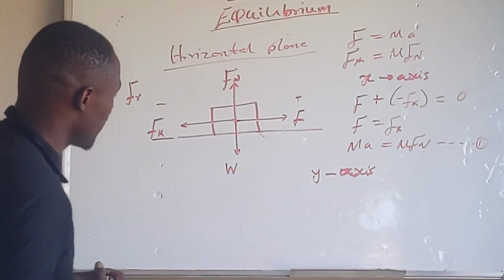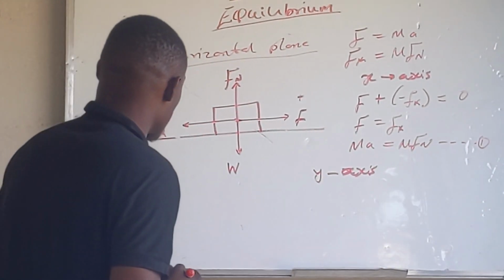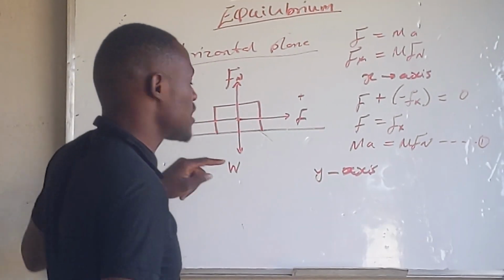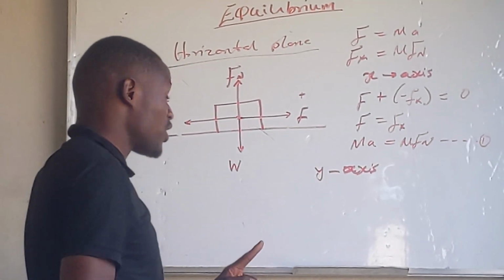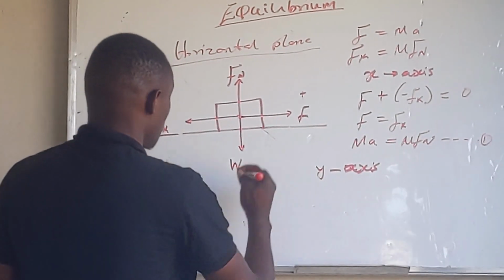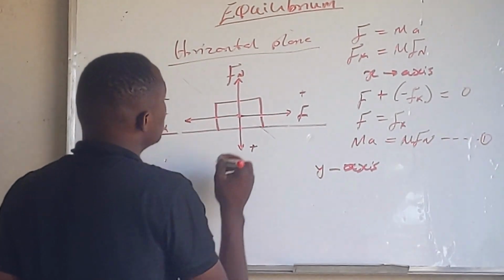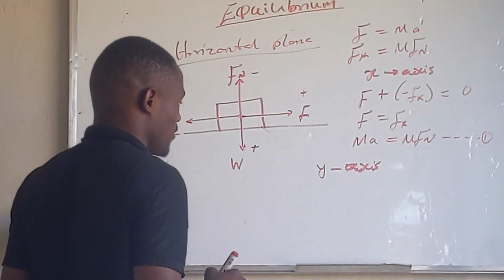Let's go ahead and see what we have in the y-axis. In the y-axis, we have this force and this force. One is positive, the other one is negative. Let us assume that this force, which is here pulling downwards, is positive, then this one is negative.